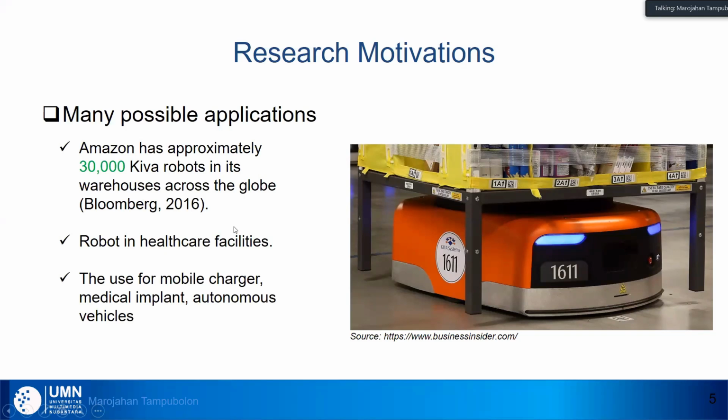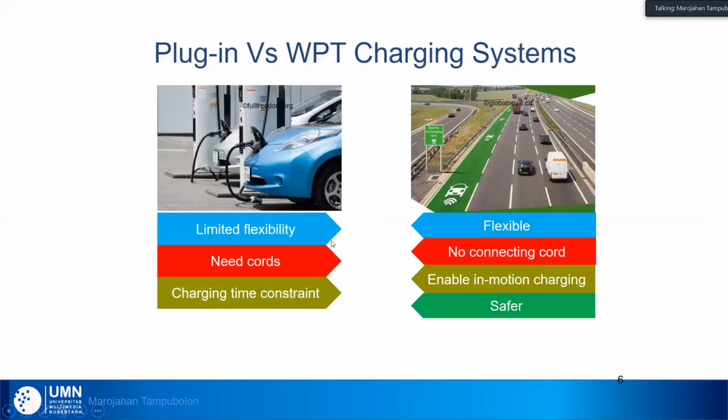And when we talk about autonomous vehicles, of course, we want the vehicle to be really autonomous. So even when doing the charging or recharging, we expect the vehicle to do it automatically. If you use a plug-in charger, maybe it will not be possible.